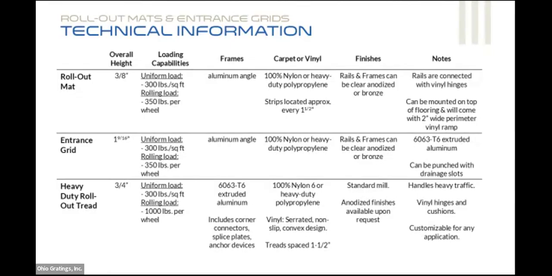In these particular cases, you're using all aluminum angle frame. Typically in these applications, you could use stainless steel as well. But then again, you have the variety of carpet or vinyl inserts, aluminum inserts as well as another option, recycled rubber inserts. That's also becoming a more popular option as well. In some of the finishes, you do have the option to anodize these.